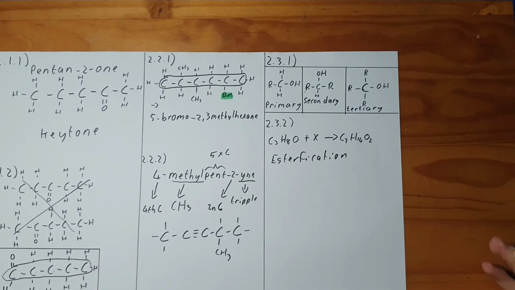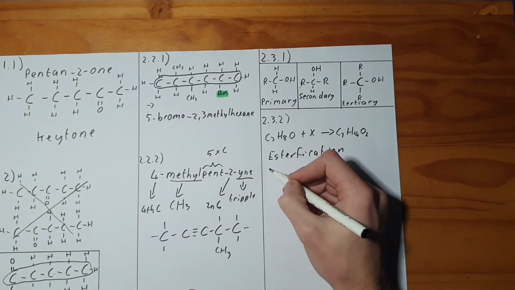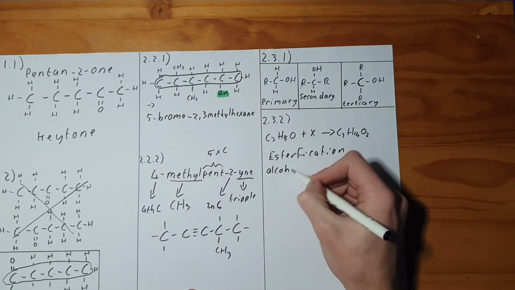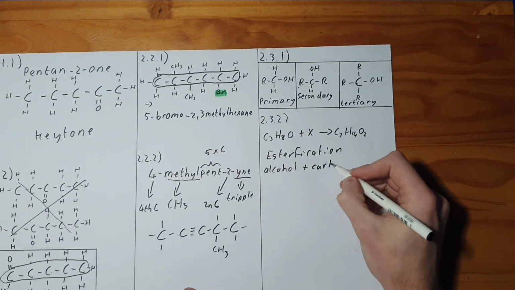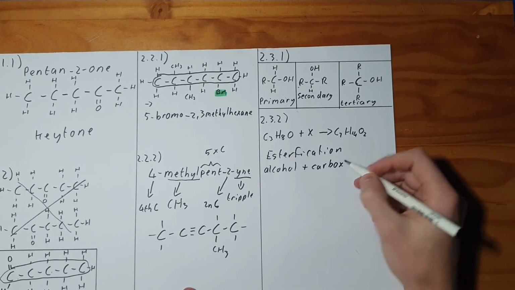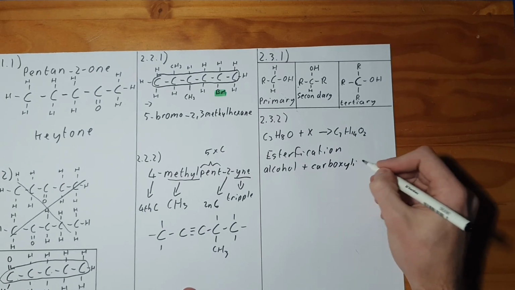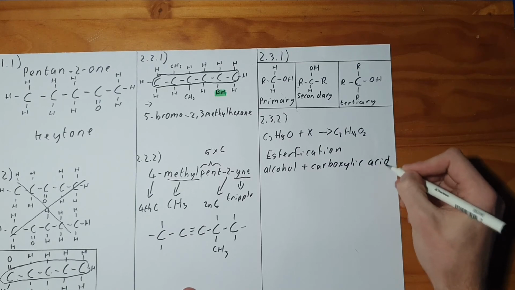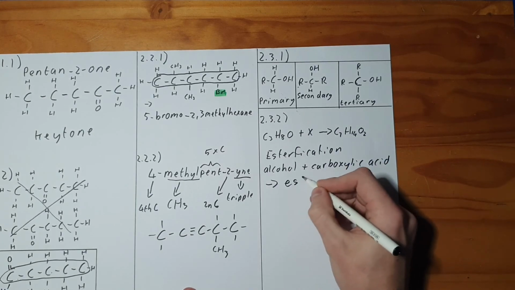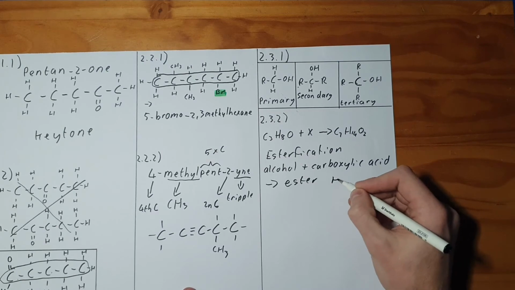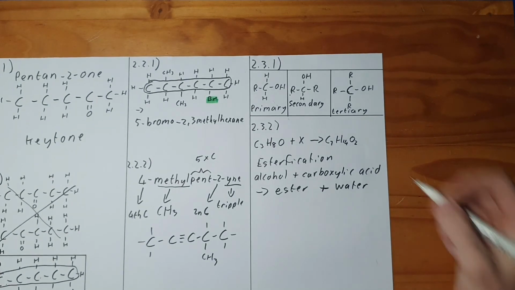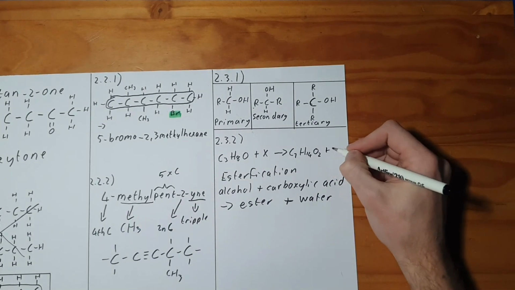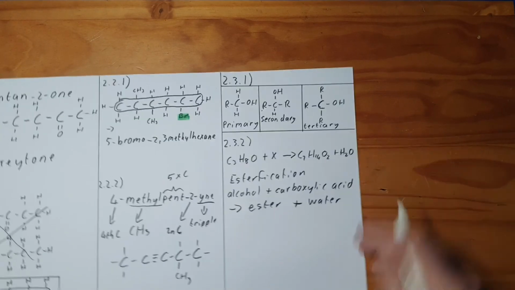Now with esterification, you've got to remember that it's an alcohol plus a carboxylic acid, and that produces an ester plus water. In order to get this right, you have to add in the water to balance the equation.